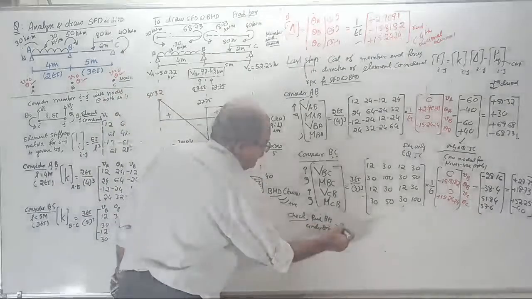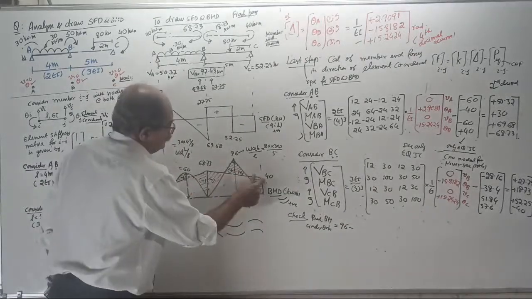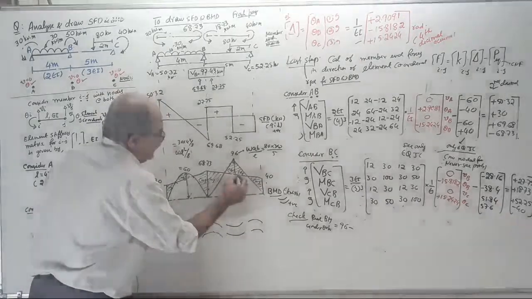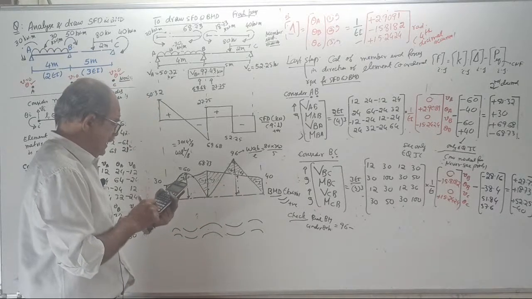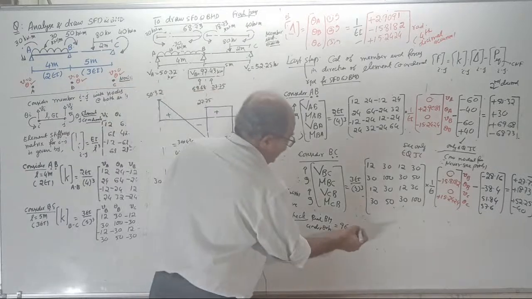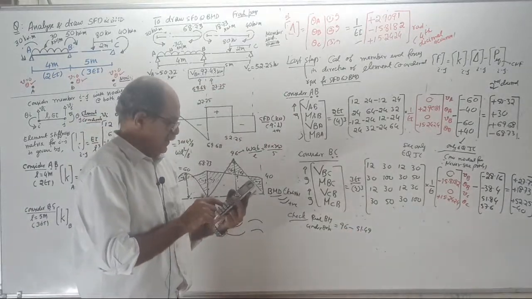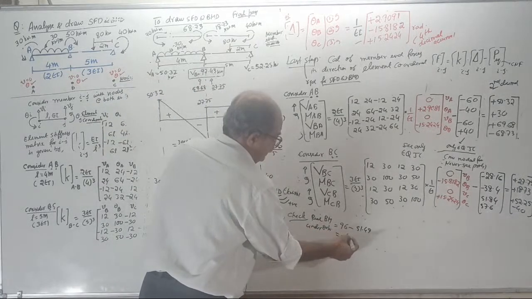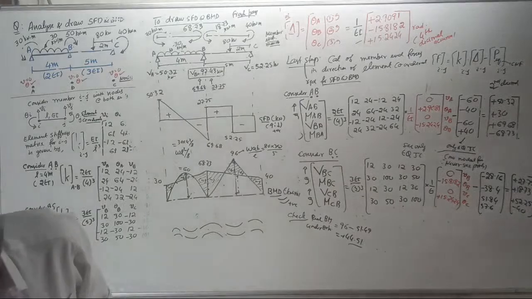That is 96 minus this ordinate. This is 68.73, this is 40. By interpolation, that ordinate is 68.73 minus 40 divided by 5 into 2, add 40. That will come 51.49. You can refer to my YouTube class for interpolation. So 96 minus 51.49, the real bending moment is plus 44.51. Check the answer by basic principle.